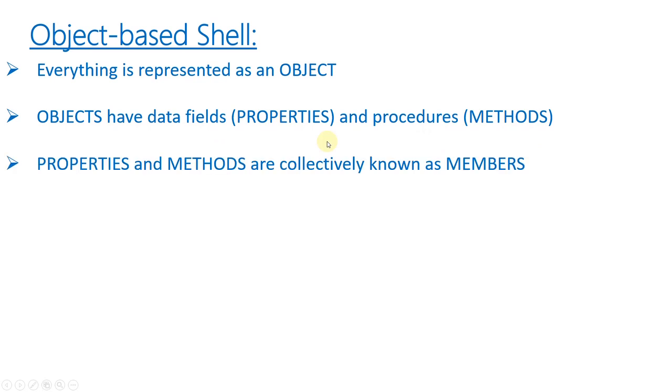And when we put properties and methods together, it is called members. So when we talk about members, both things come together, properties and methods.